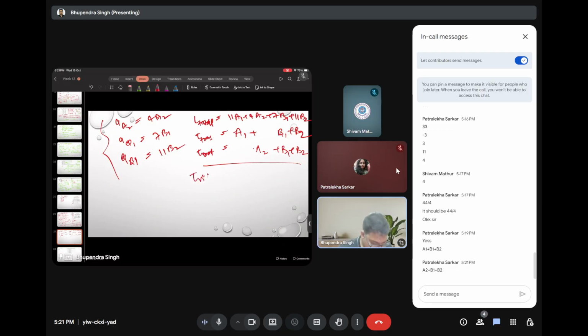So for gamma vibrational, it will be 10 A1, 3 A2, 5 B1 plus 9 B2.